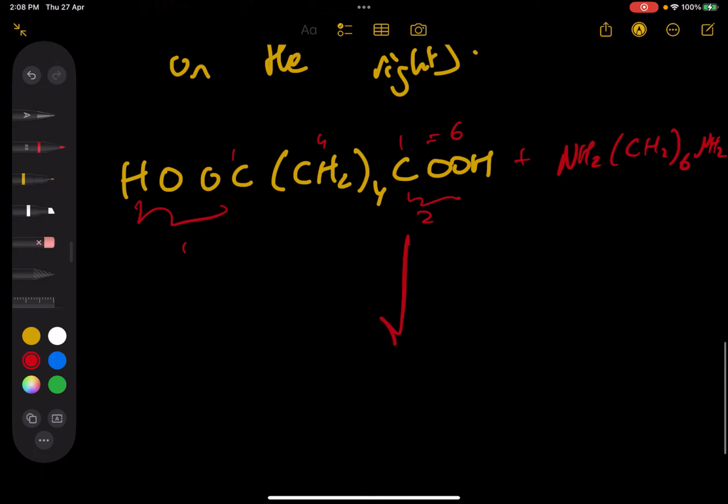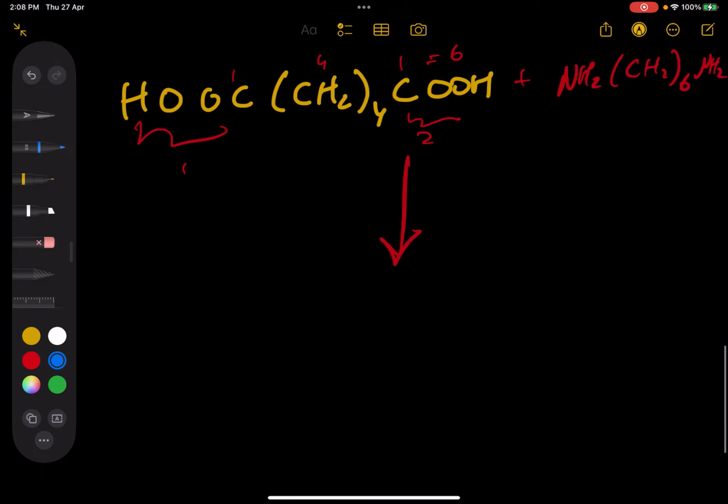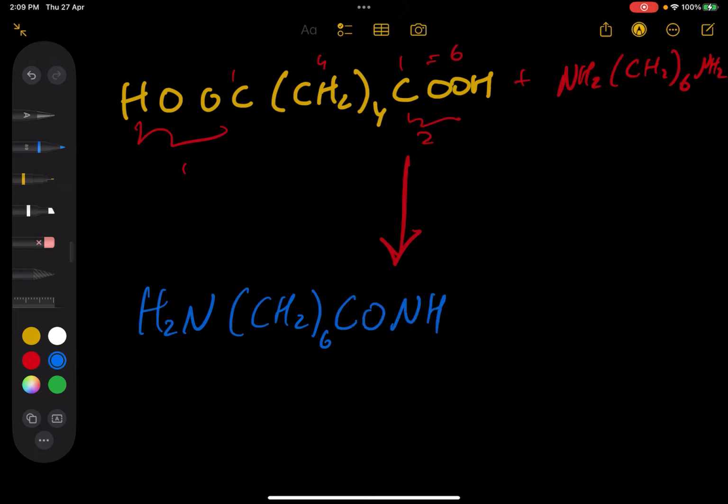Okay. These two combine to give me nylon, which, let's draw it more organized: H2N, then CH2 six times. Then here's the trick: CONH.